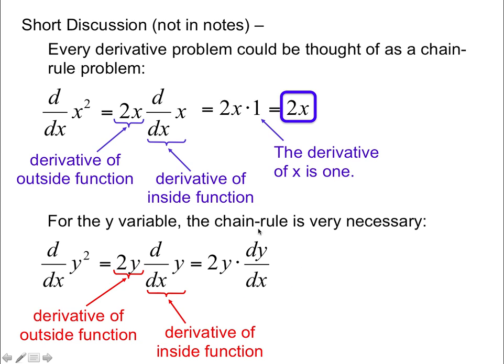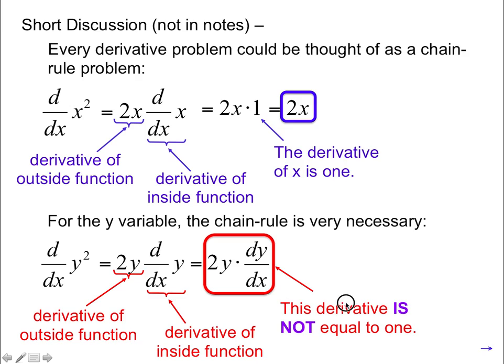And that's how we take the derivative of functions that are not in terms of x. And like I said, with implicit differentiation, this is really necessary, because our strategy is going to be to do derivatives on every term in the expression from the left side to the right side.